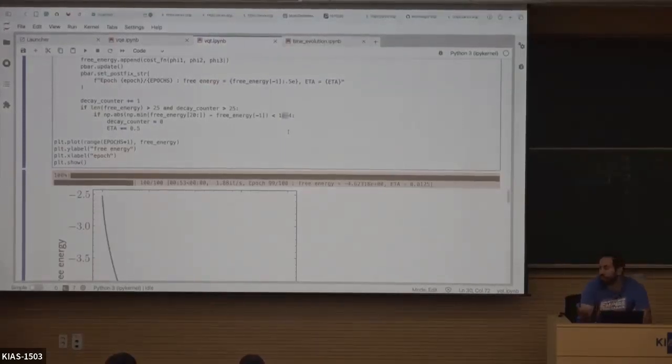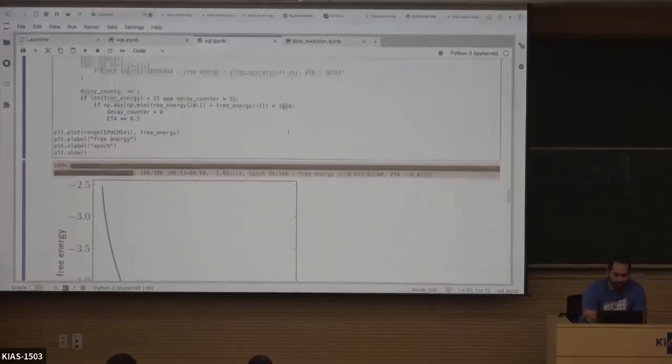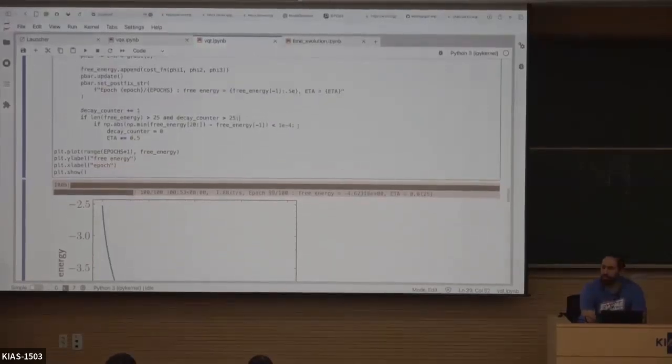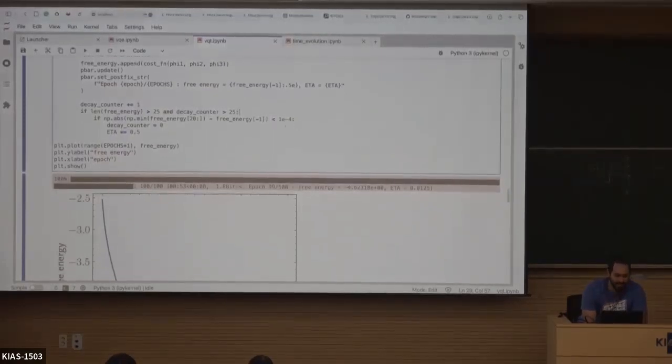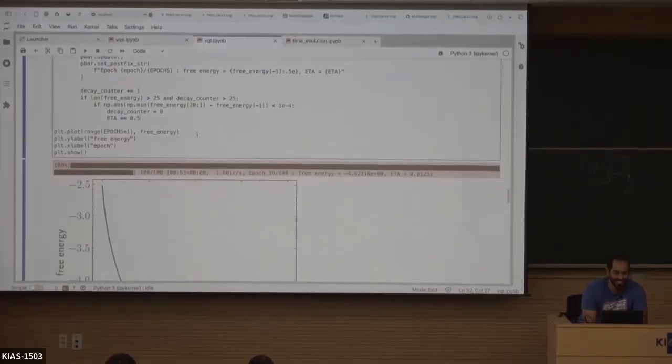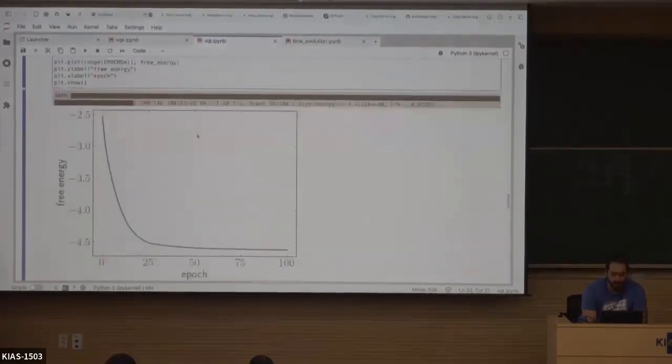You can do it with fancy scheduler algorithms as well. I'm just doing it by hand. I don't even know if PennyLane has that function. Probably it has. If you guys know, please teach me. I don't want to do everything by hand. I'm lazy. So that's what I'm doing.